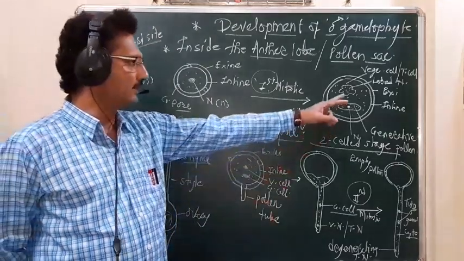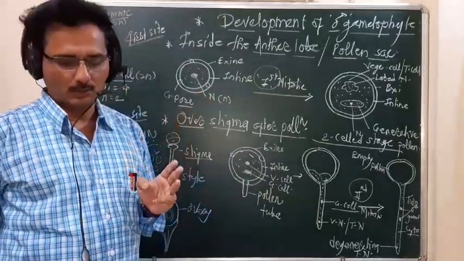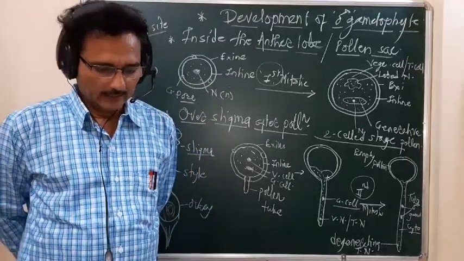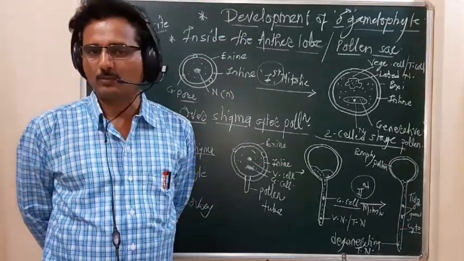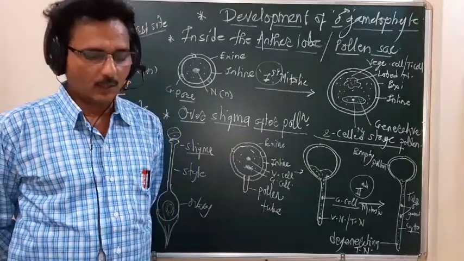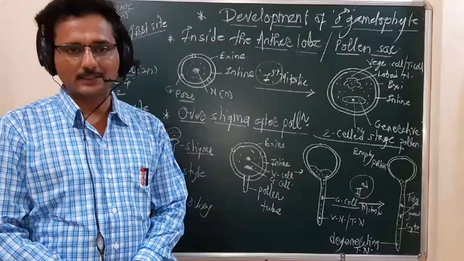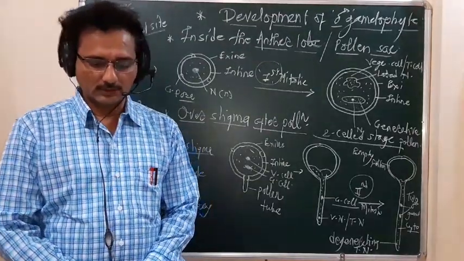So 2 male gametes and the tube cell, these are the 3 cell stage. Okay. So the pollen grains release or liberate from the anther lobe at 3 or 2 cell stage. So what is your answer? Your answer is the fourth option, 3 or 2 cell stage.